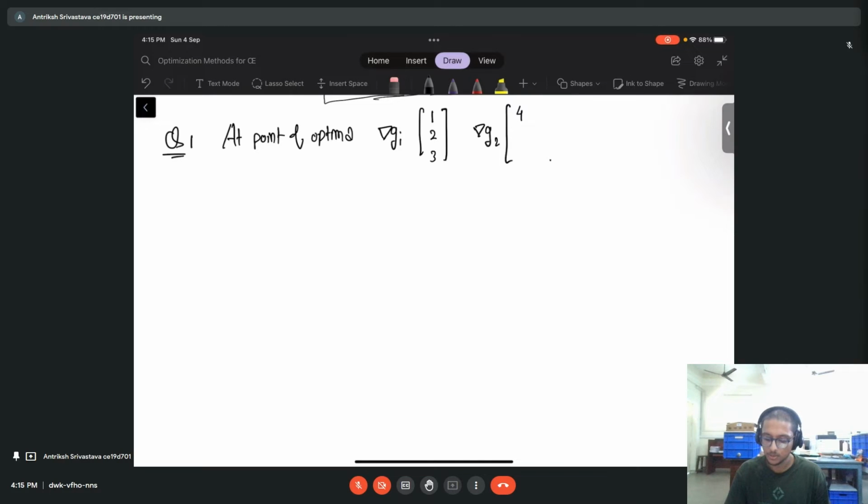Okay, I think it is 5 7 8. So if these are the gradients of these constraints at the point of optima, then what will be the gradient of the function? That was my question.